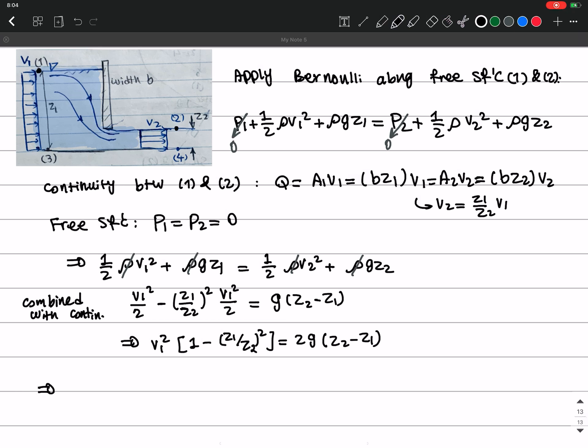The flow rate that we want to find for this slice gate is going to be Q equals B Z1 V1 from here, which is going to be B Z1 times the square root of 2g Z2 minus Z1 over 1 minus Z1 over Z2 square. Okay?